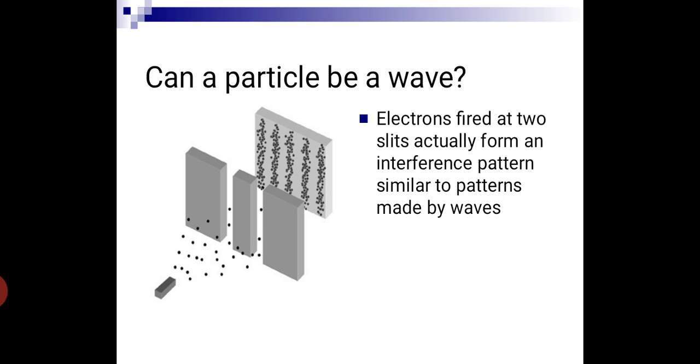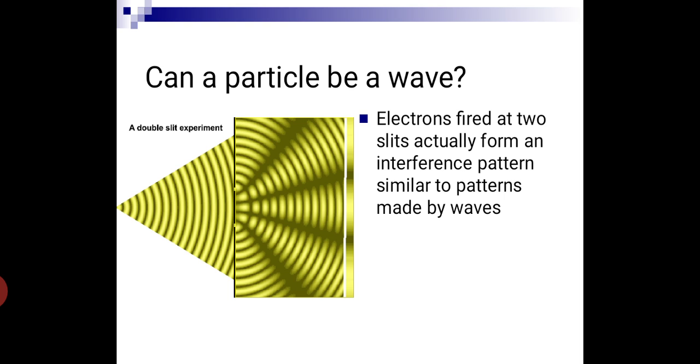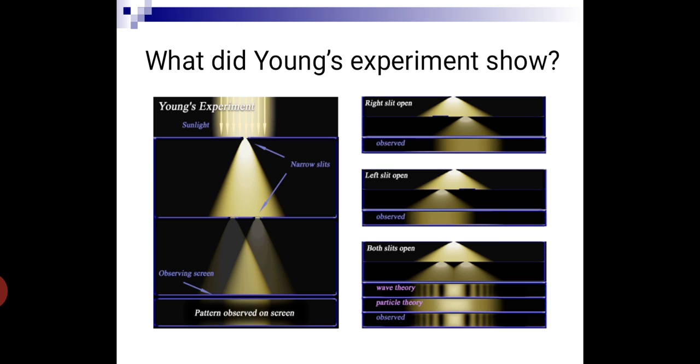The particle can have wave nature. This is the pattern of electrons fired at two slits, and same pattern is obtained by waves. This we will discuss in next chapters of wave optics.